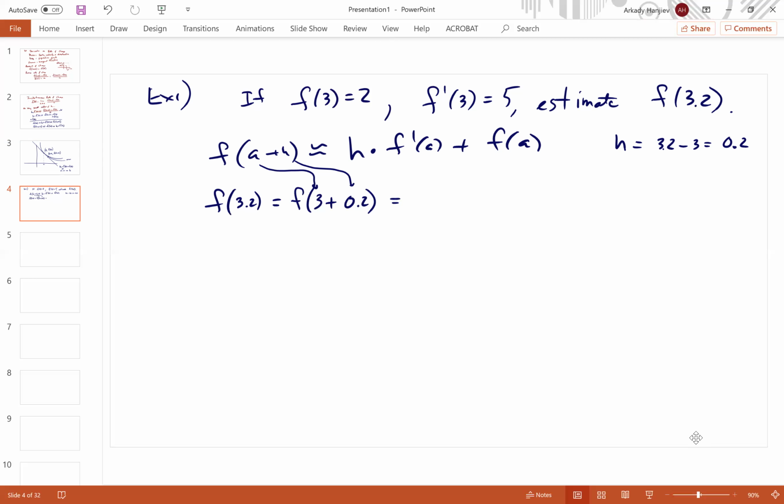The derivative exactly at 3, I can put the derivative here, plus the f of 3 value itself. So 0.2 times, what is that, 5, right? Plus 3, oh, plus 2, sorry. And right there.